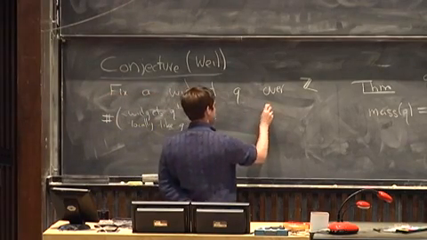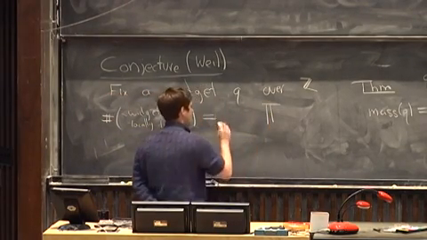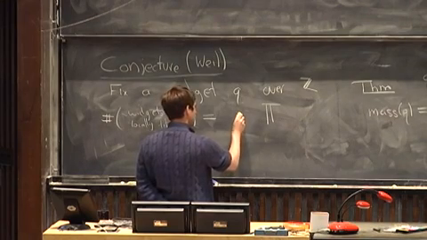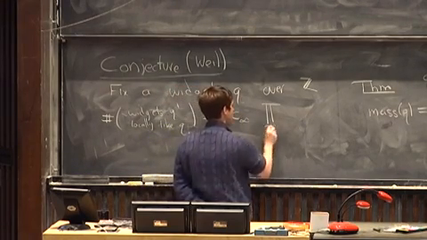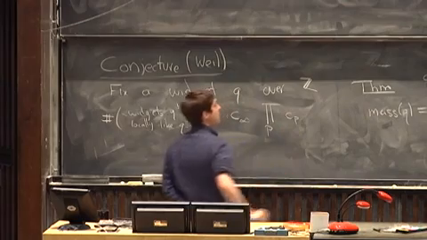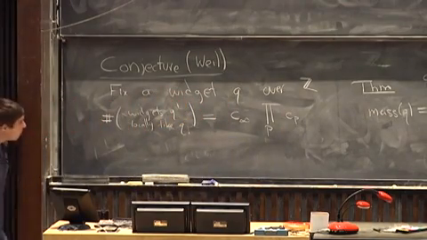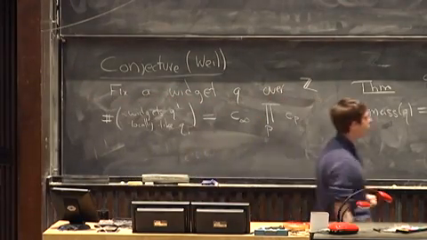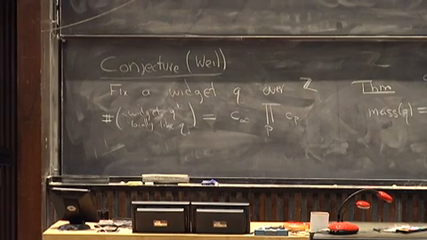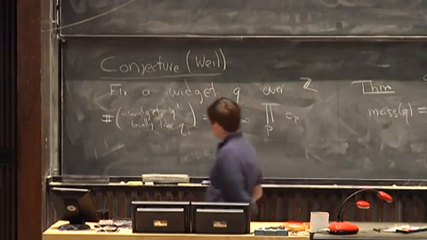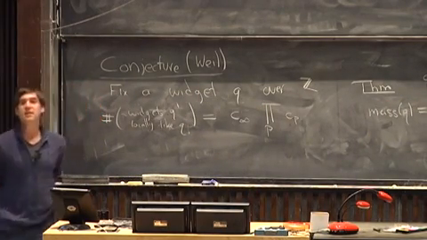And the conjecture says that this should always be equal to, well, let me say some factor c infinity times a product over all primes of some factor cp, where at most primes p, what you're supposed to see is an expression like this, some power of p divided by the order of an automorphism group mod p.